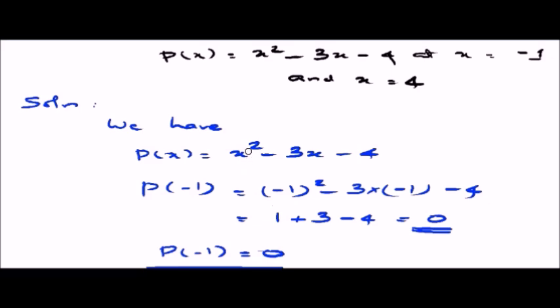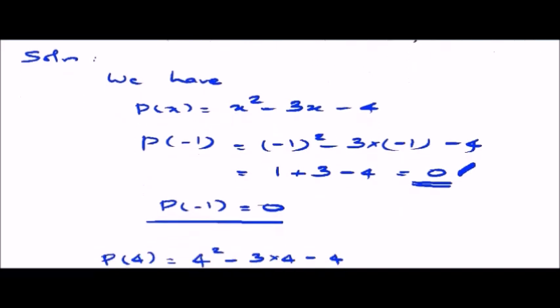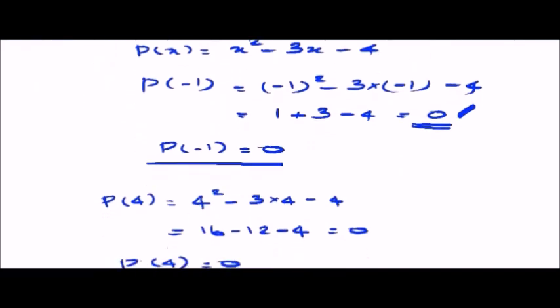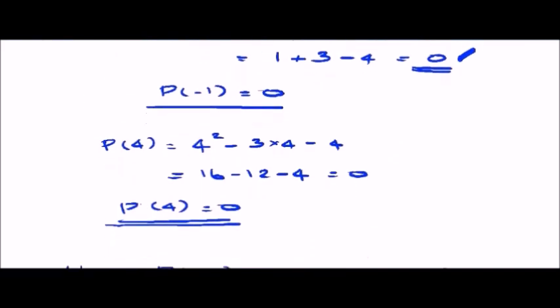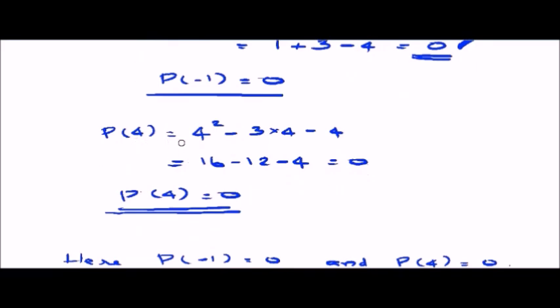We have p of x equal to x square minus 3x minus 4. So p of minus 1 is, substituting x by minus 1, minus 1 the whole square minus 3 into minus 1 minus 4. That is equal to 0. That is, p of minus 1 is equal to 0.